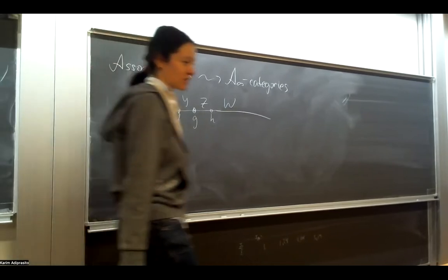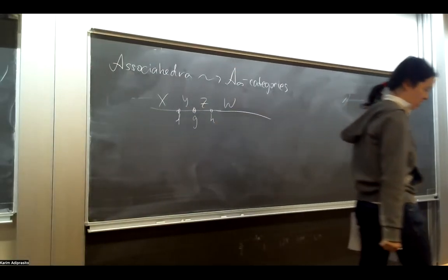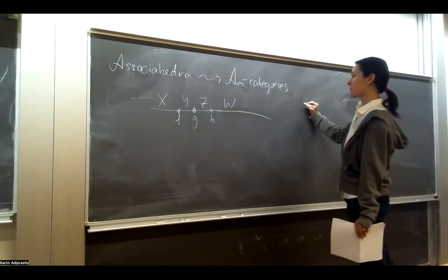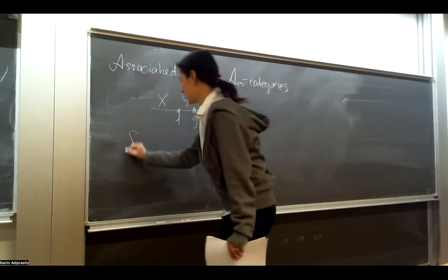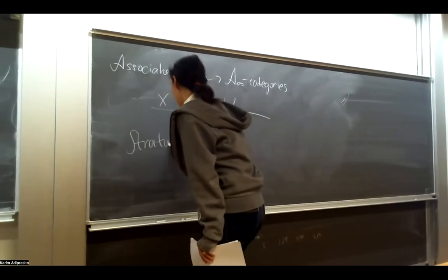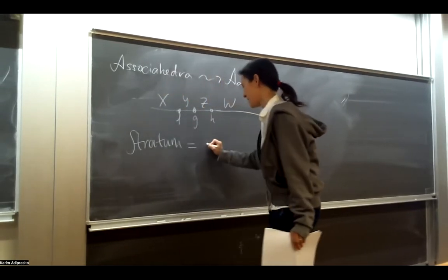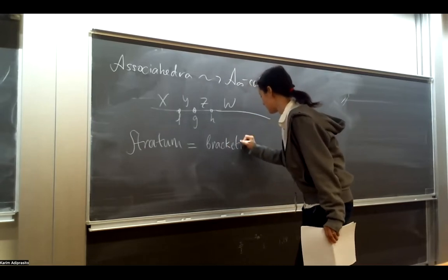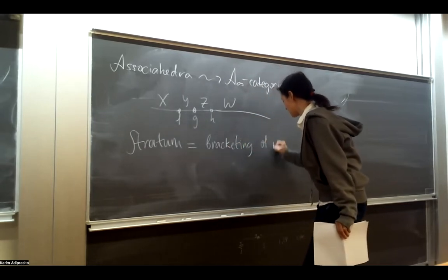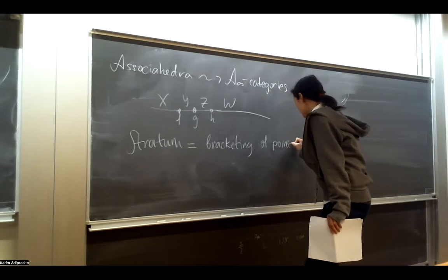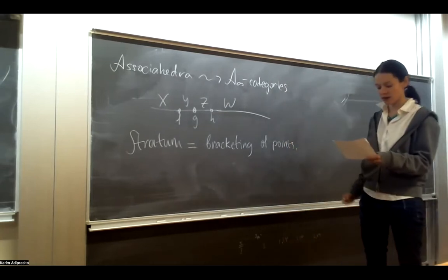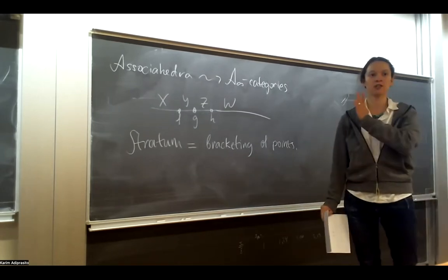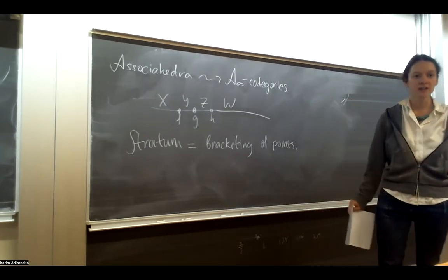And strata in the compactification of such a moduli space are given by bracketing of points. So this was the reminder on what associahedra do algebraically.